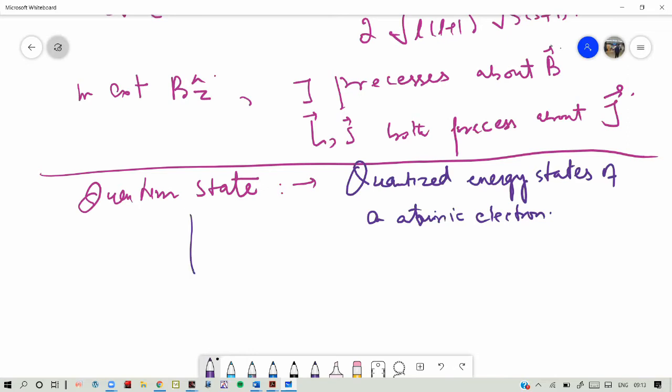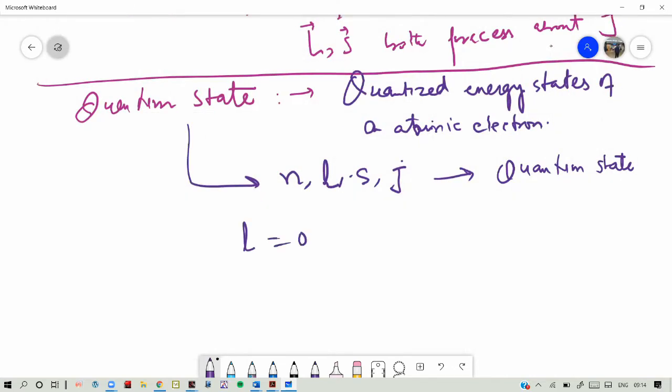So for a particular value of N, L, ML, S and J, in the absence of any external field, we will get a quantum state of an atom, of an electron. Therefore, for L equal to 0, 1, 2, 3, we have S, P, D, F, G, H electrons.